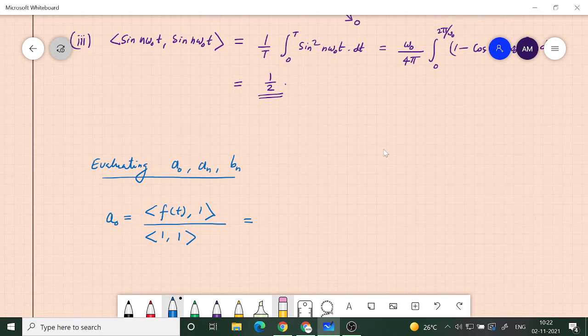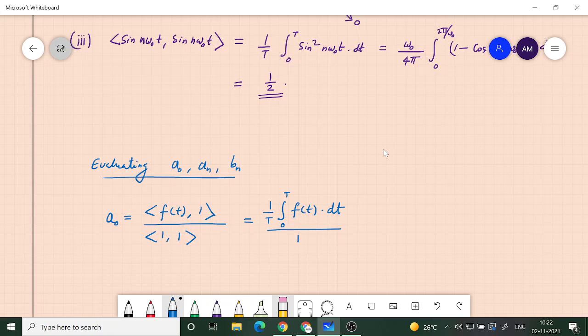So this is equal to, the denominator I am going to write as 1 by 1. Let's apply the definition. 1 by T integral 0 to T f of t dt. f of t multiplied with the conjugate of 1, but that is just 1 only, and divided by 1.